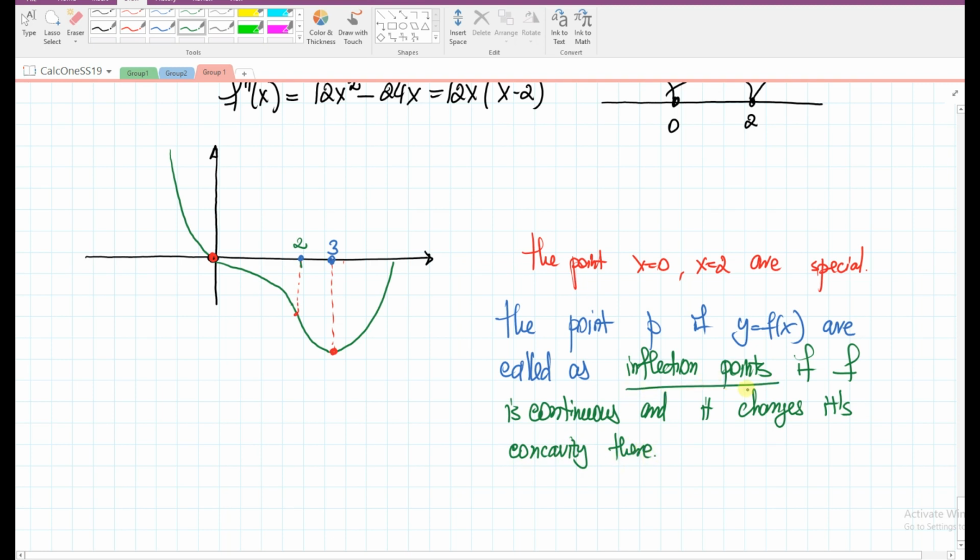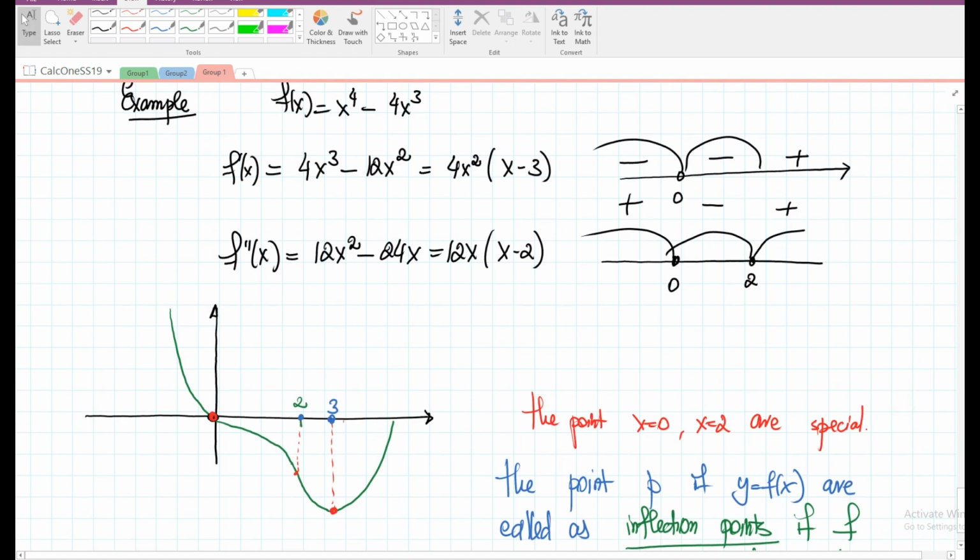Mathematically it means that this is the point where the second derivative is equal to 0, and the second derivative is negative and positive, or positive and negative. You know what I mean? So here: plus, minus, plus, right? These two points are the inflection points because the second derivative is equal to 0 at these two points, right?